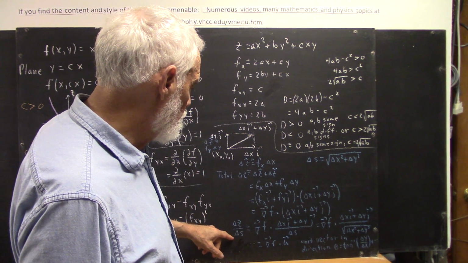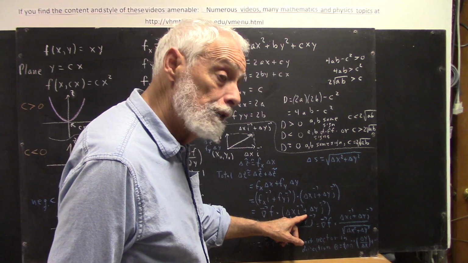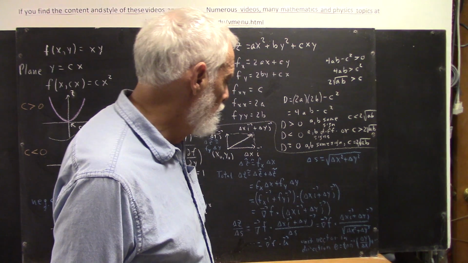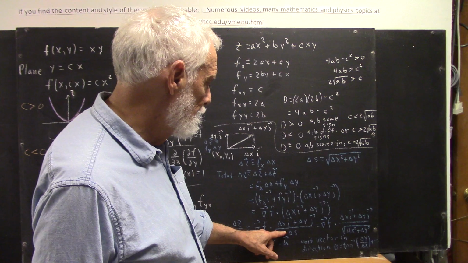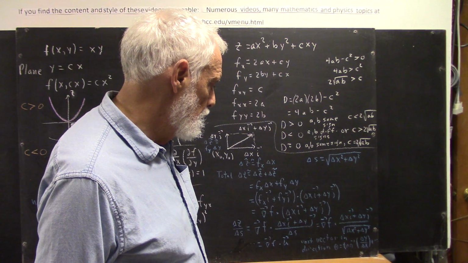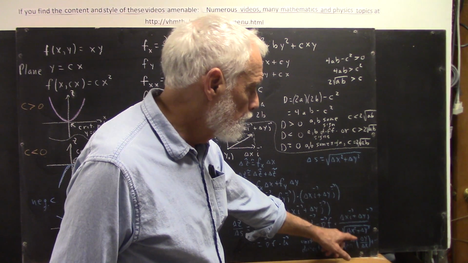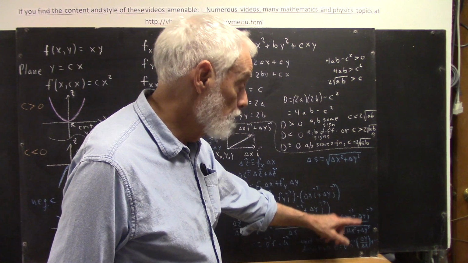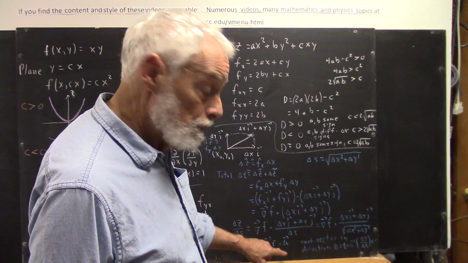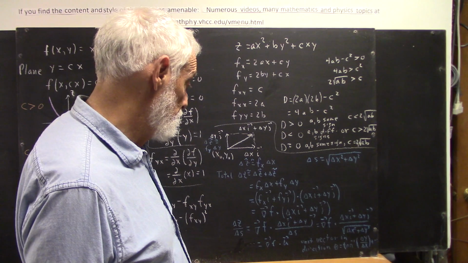So delta z over delta s is going to be del f dot this vector divided by its magnitude, the delta x i plus delta y j vector divided by delta s. But then delta s is just the square root of delta x squared plus delta y squared. So now what do we have? We have the gradient vector dotted with a unit vector. Dividing a vector by its magnitude gives us a unit vector. So that's del f dot u, the gradient of f dotted with a unit vector in the direction you want to move.